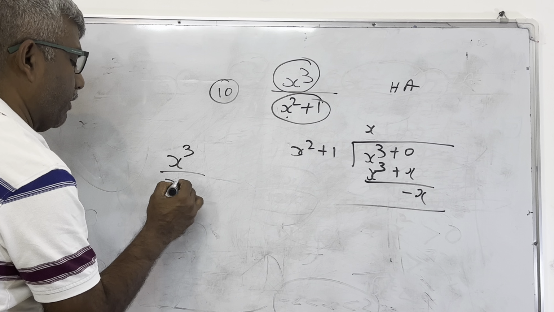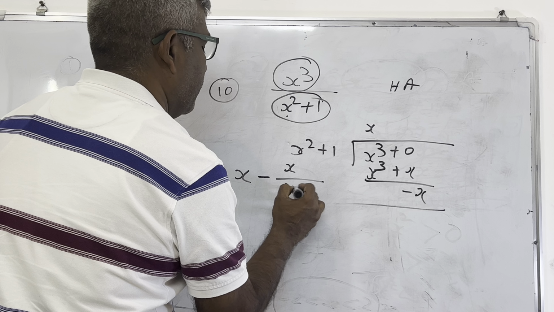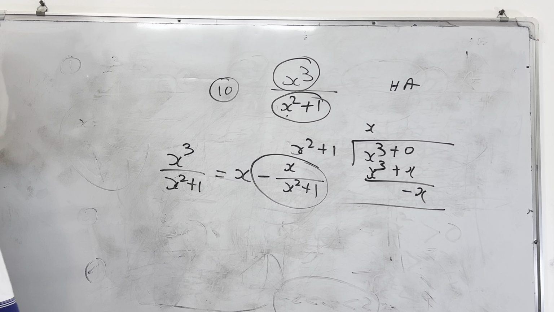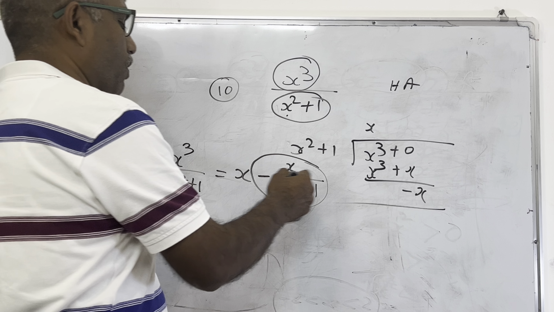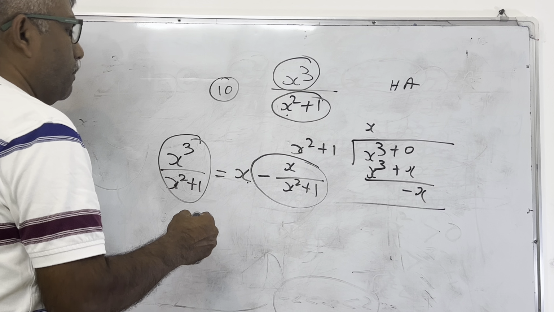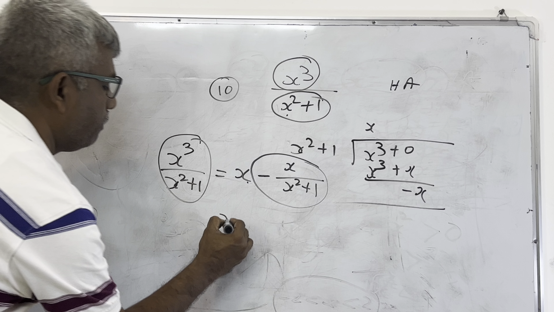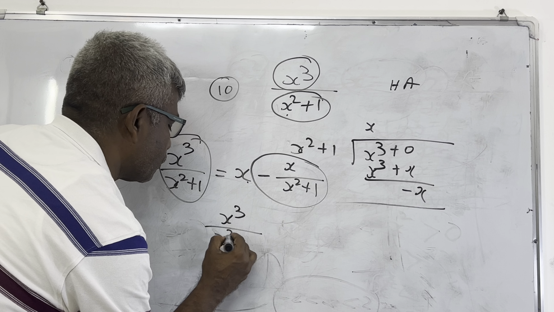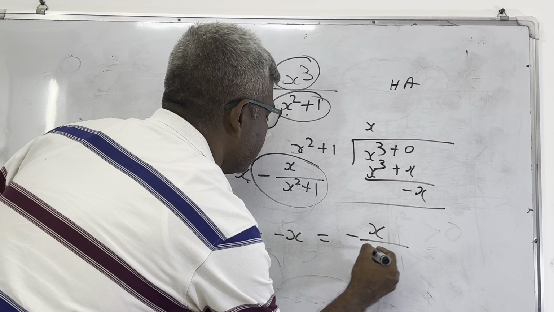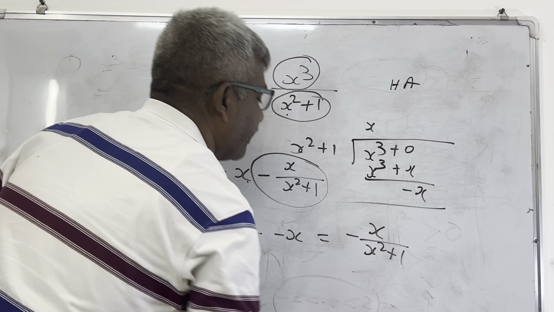It is x minus x over x squared plus 1. This is y. Now just bring it here: x cube over x squared plus 1 minus x is equal to minus x over x squared plus 1.